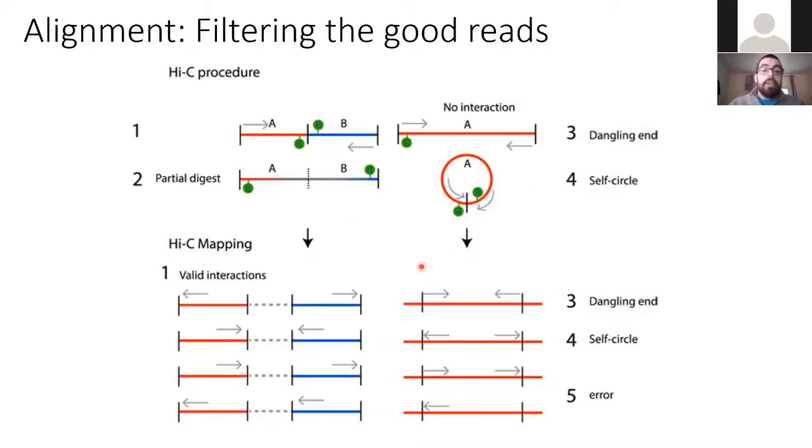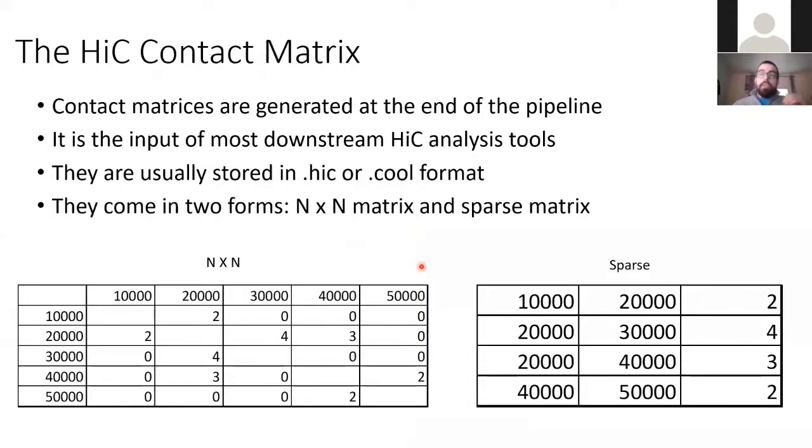And then at the end of the pipeline, once your reads are aligned and you know where one end is and where the other end is, the software is going to create for you a contact matrix. There are two formats for it, either the NxN or the sparse. The NxN is going to list all the contacts on each of the chromosomes.